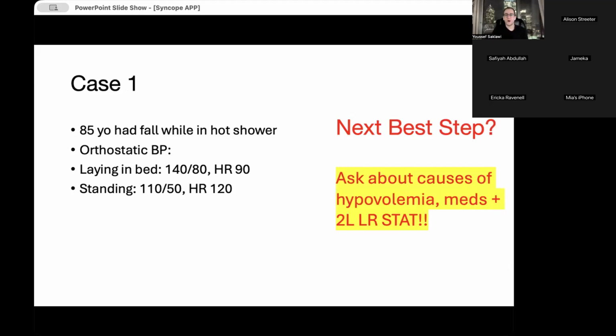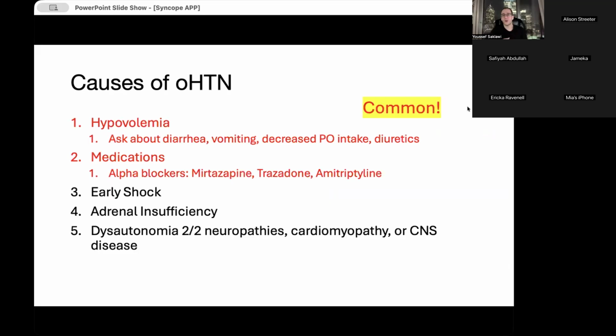Why 2 liters instead of one? Usually their chief complaint is orthostatic hypotension, and if we go back to the causes, the most common cause is going to be hypovolemia. So on day one, I want to confidently say, is this hypovolemia or not?